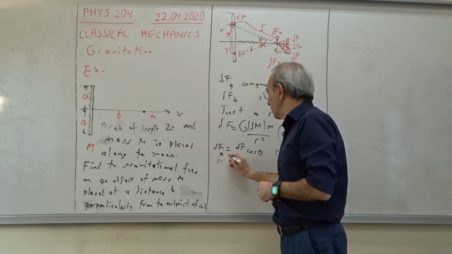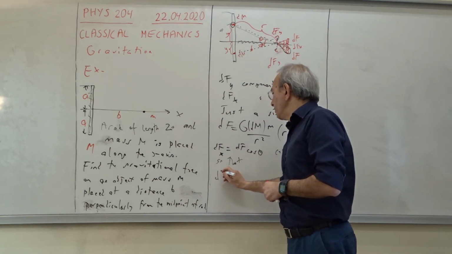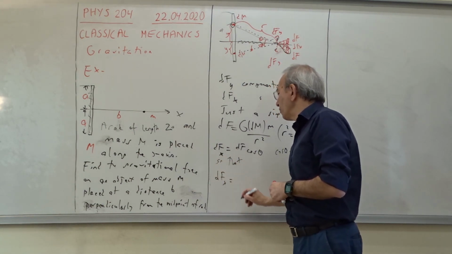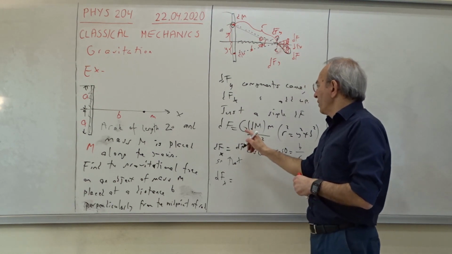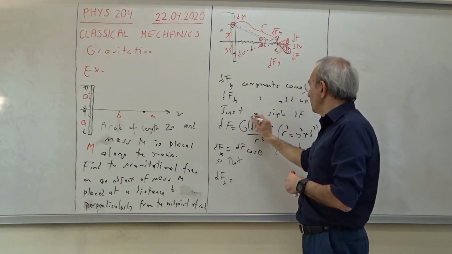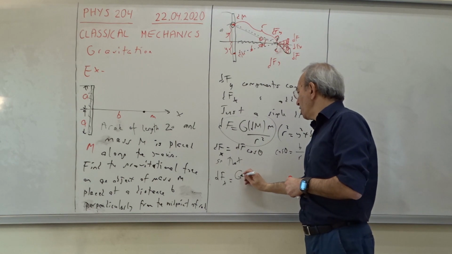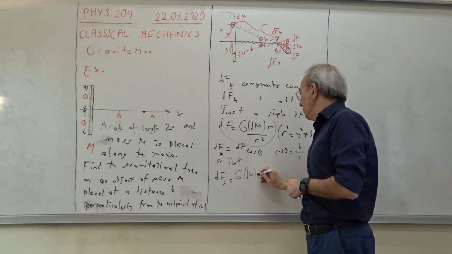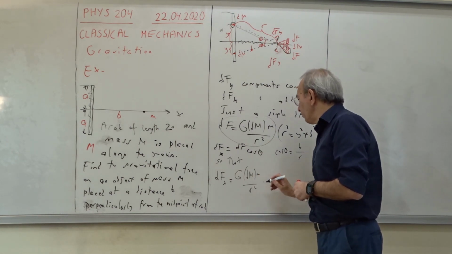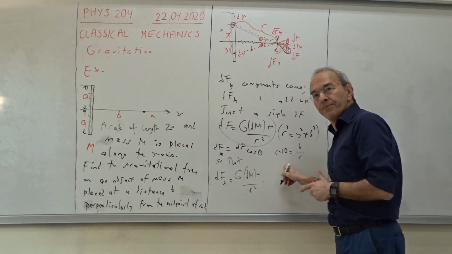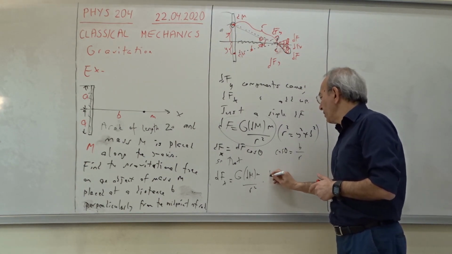So that dFx component will be total dF, this much, G dM little m divided by r squared multiplied by cos theta, which is b over r.